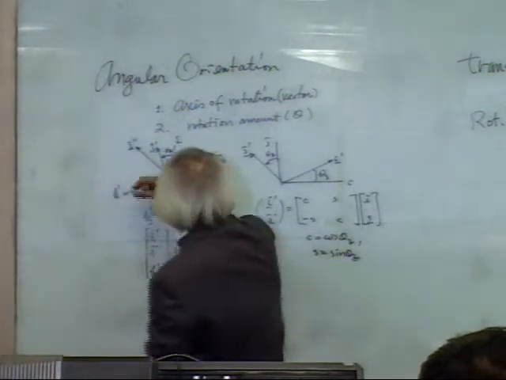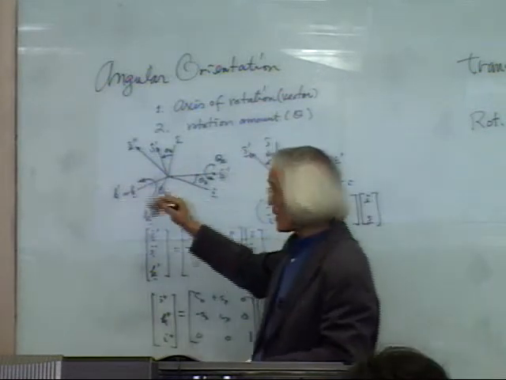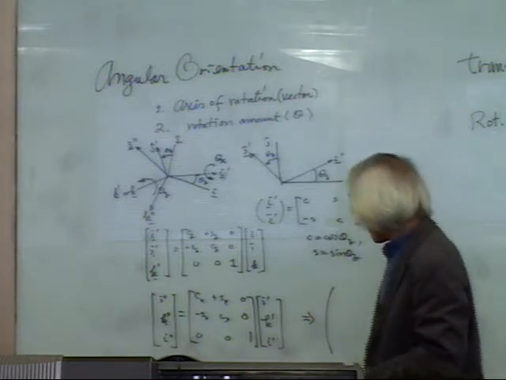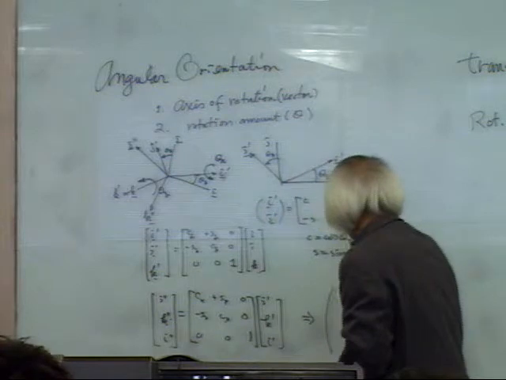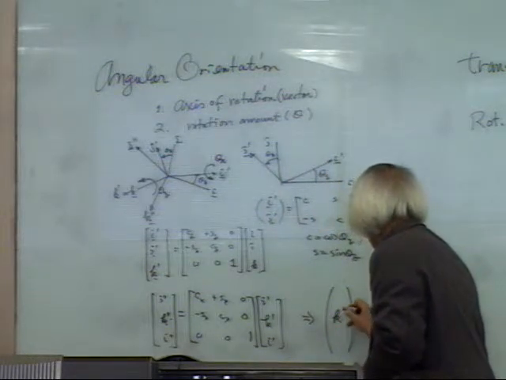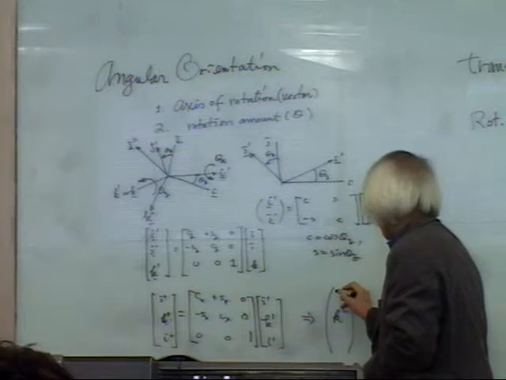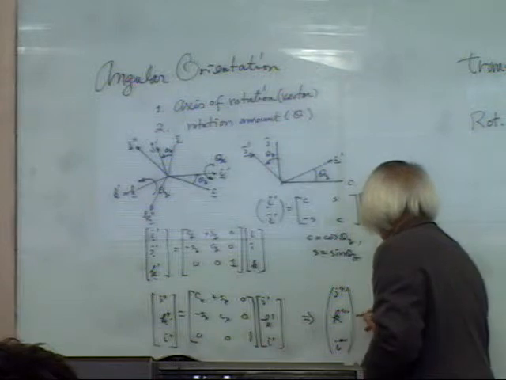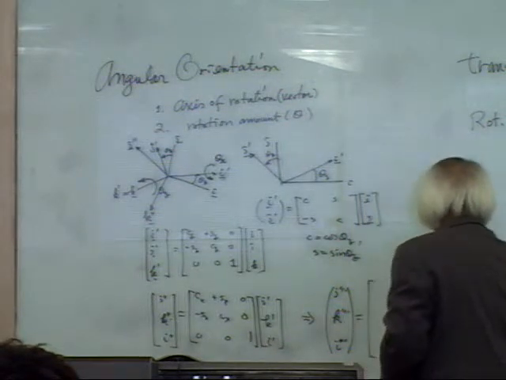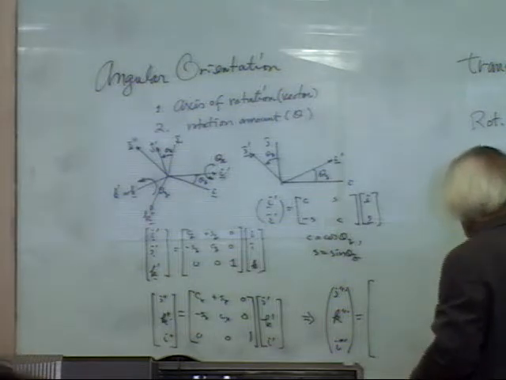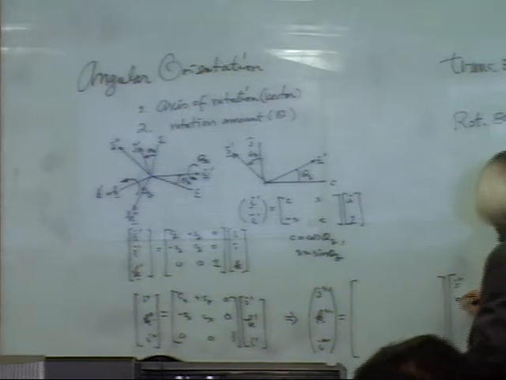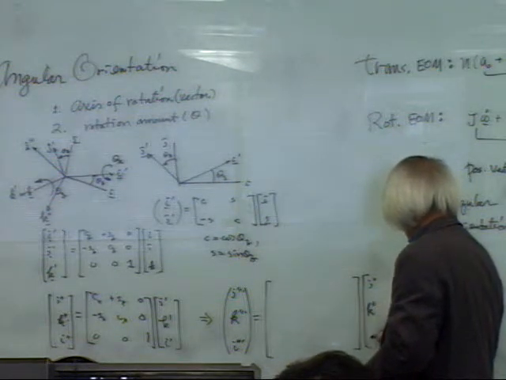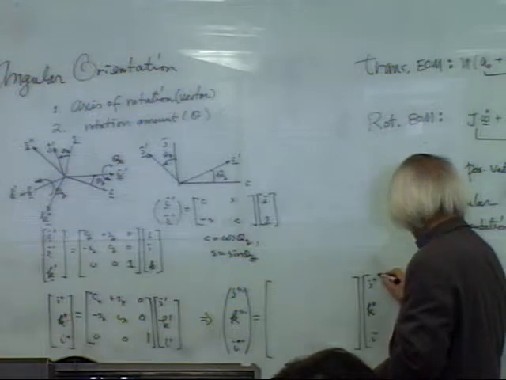Now after you make a 3 and 1, you go back and redo it again at 3. That is, you rotate this guy. And that's J, K, and I double prime.